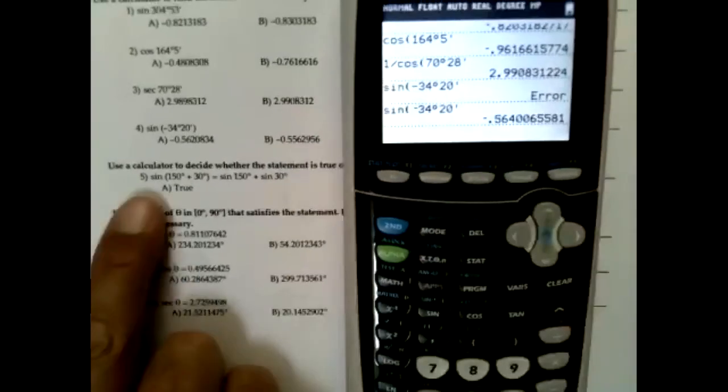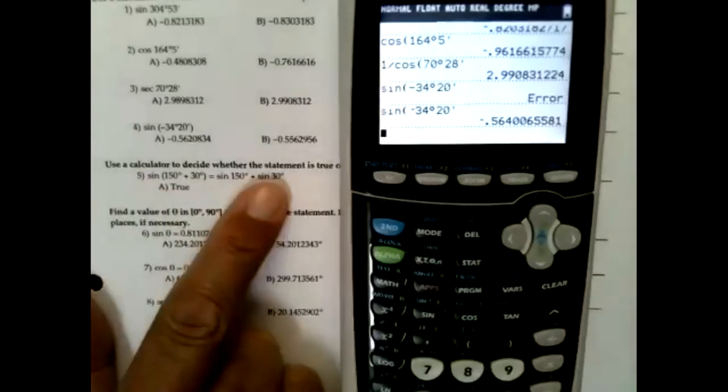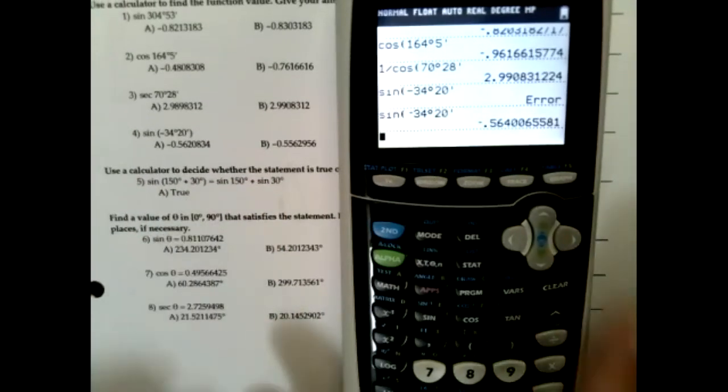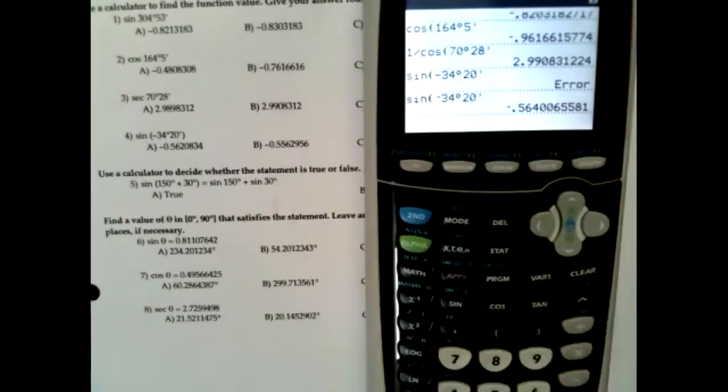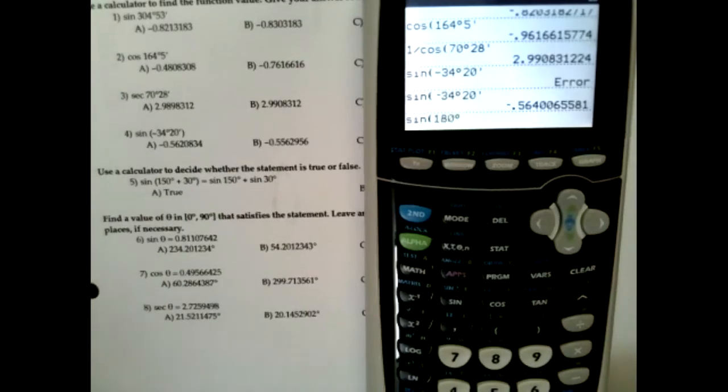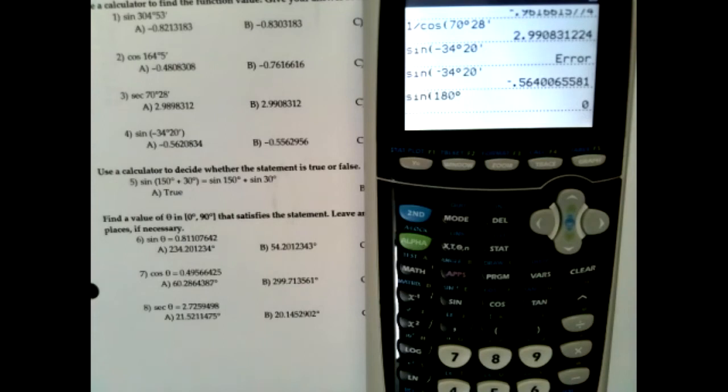All right, let's see if this is true. Can I distribute? Well, one thing I know is 150 plus 30 is how many degrees? 180, yeah. So the sine of 180 degrees, I got an answer. Oh, the sine of 180 is 0.